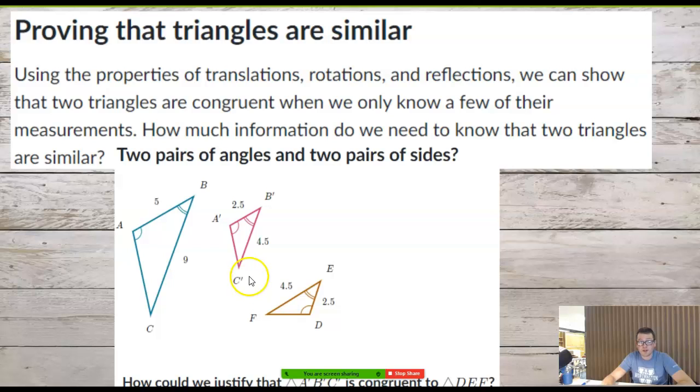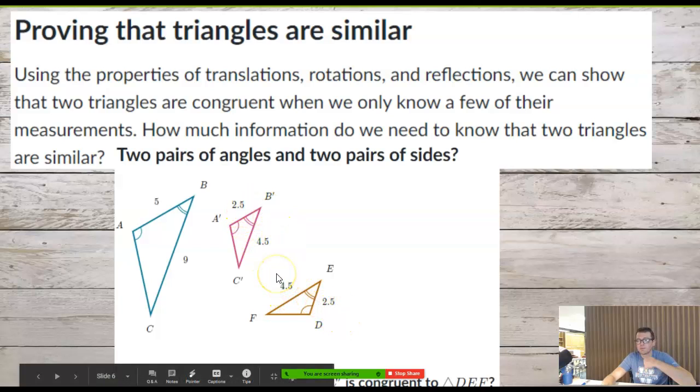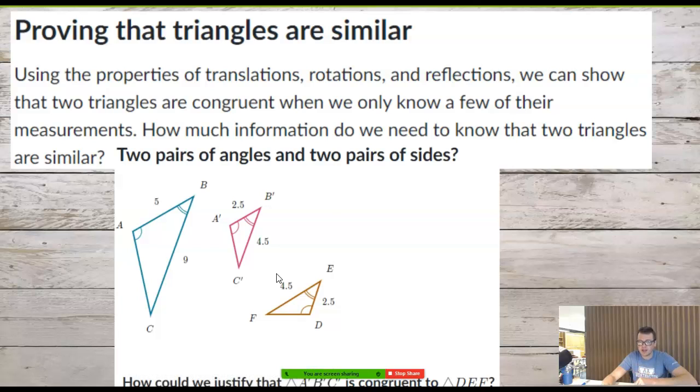So on questions like this where we see A, B, C primes, by the way, if this does not jump out in your head as prime notation, I've got a note about this in a slide or two. Because we know two angles are congruent to each other, we actually know the third angle is congruent too. And since the sides are also congruent, it pushes us from similar to actually being congruent.